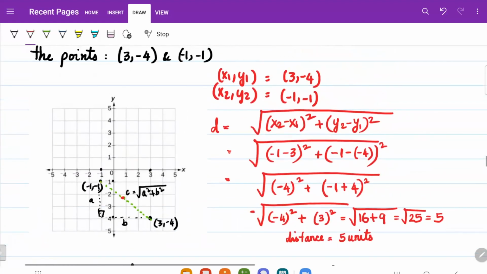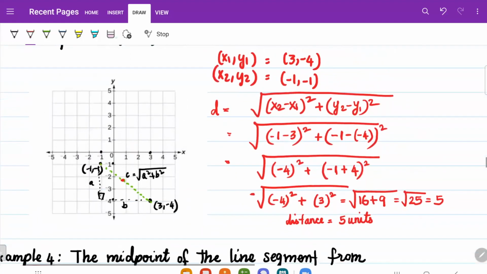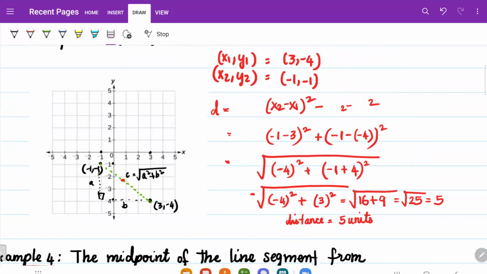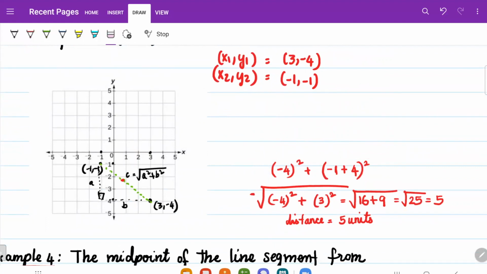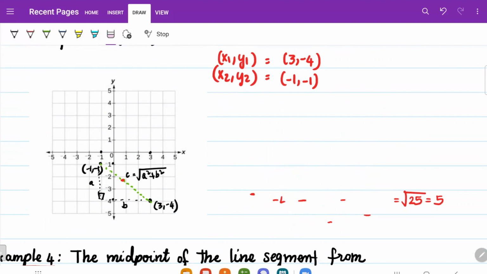Right. Let us now find the midpoint. I will erase this really quickly. Right. As I mentioned before, the midpoint is basically the average of our x values and average of the y values for the y coordinate. So let's call the midpoint x3 and y3.